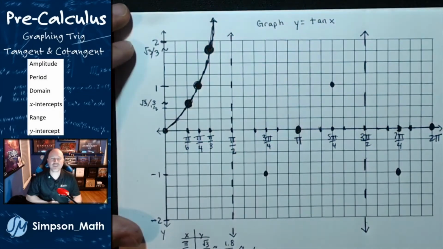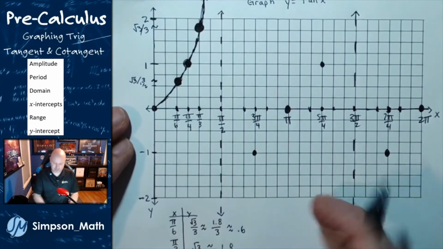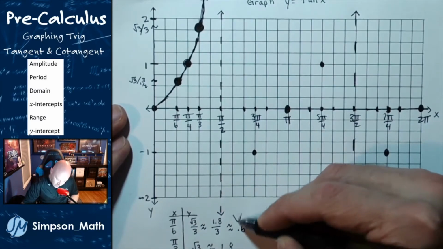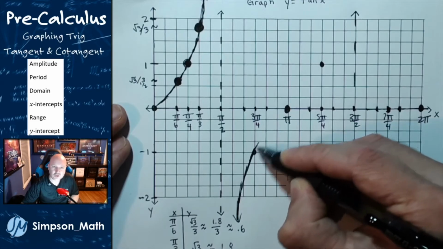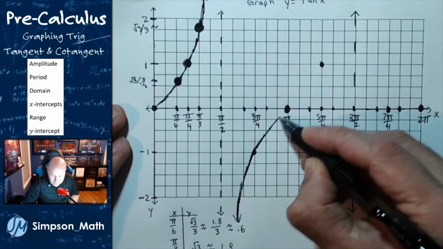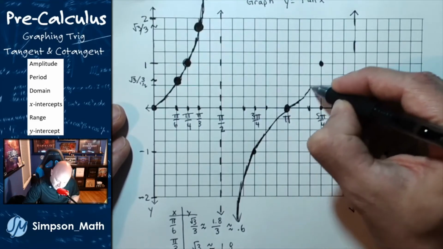There we go. So it looks like something similar is going to happen between the 2 asymptotes, where I am curvaceous, and it's almost like I'm going to try and turn around at pi, but I was just kidding. I'm not. I'm going to do something like this.